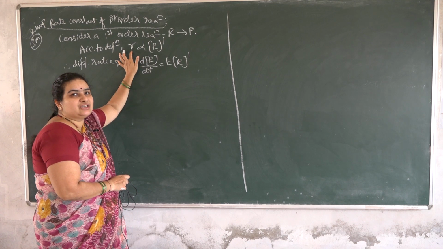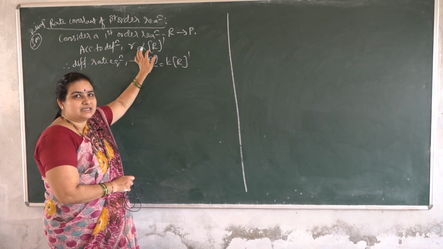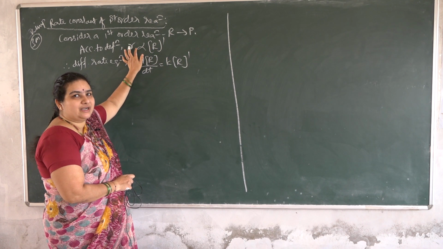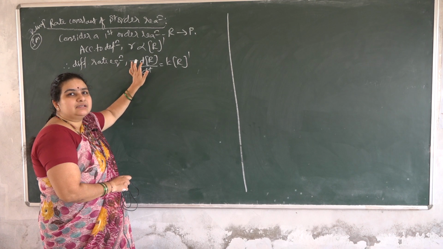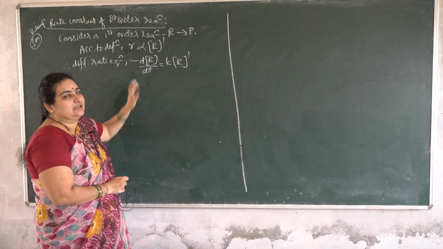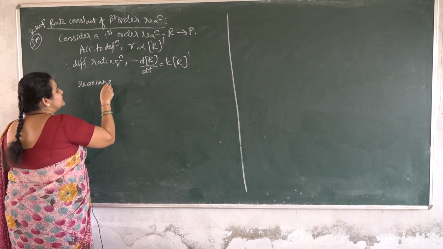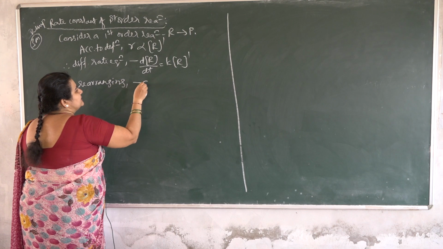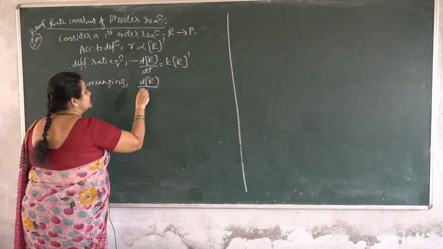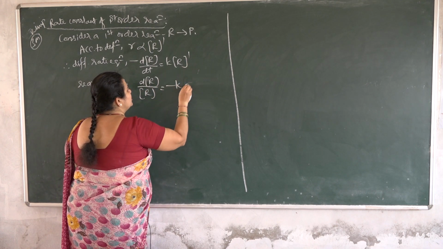As per the definition, rate is proportional to concentration of R raised to 1, so this can be written this way: instead of rate, I have written the rate with respect to concentration of reactants with the minus sign. So now the next step is rearranging: d[R] divided by concentration of R is equal to minus k into dt.